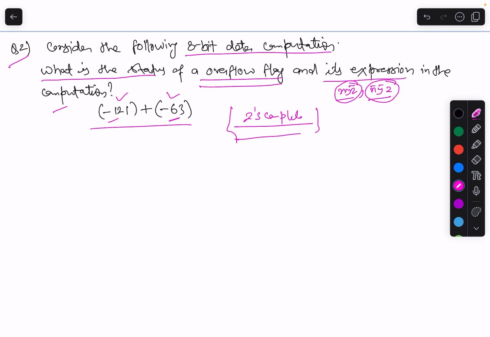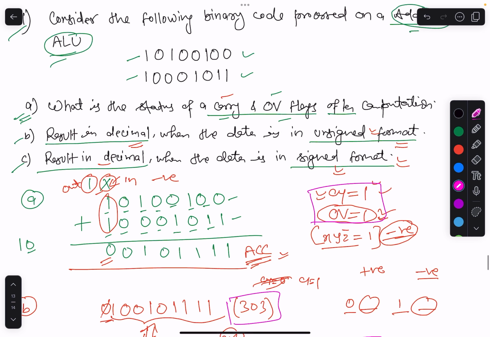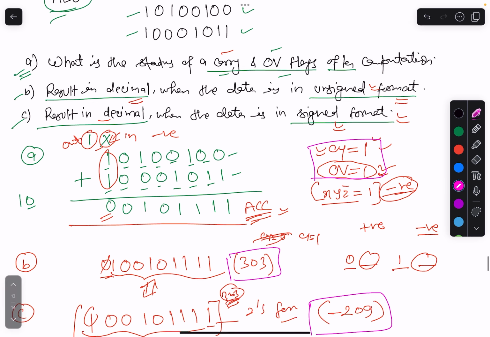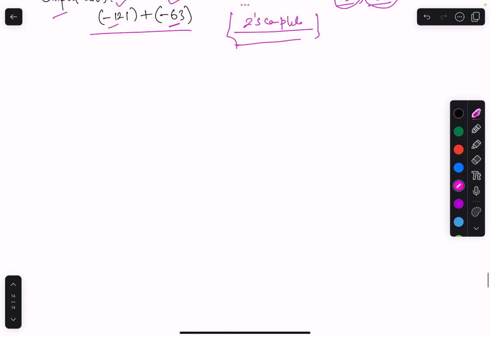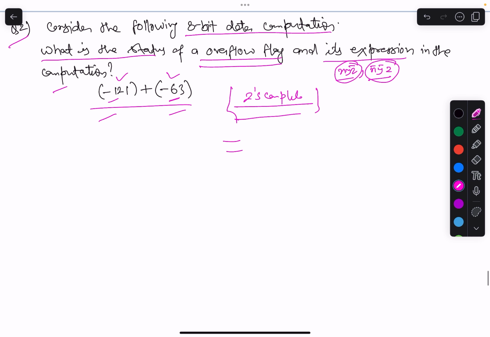Now we need to find the overflow flag. You may be tempted to convert minus 121 to binary, minus 63 to binary, then add those numbers and find the in carry, out carry, or the expressions, right? But this will take more time, so we have other methods as well.